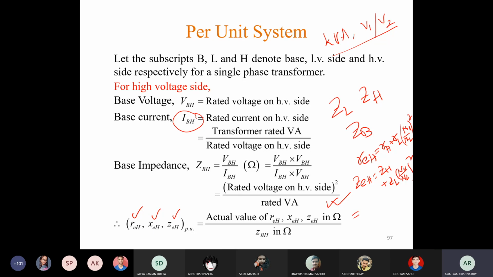You have already calculated REH and XEH directly, so you can directly use this one also, REH plus jXEH. You have calculated REH using this formula and XEH using a similar formula, so you can use this expression as well as you can apply this equation to calculate ZEH. Am I clear?